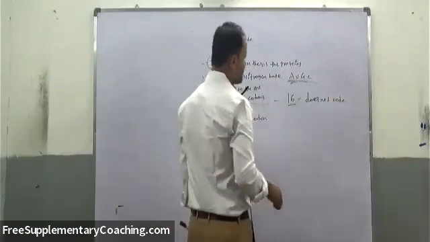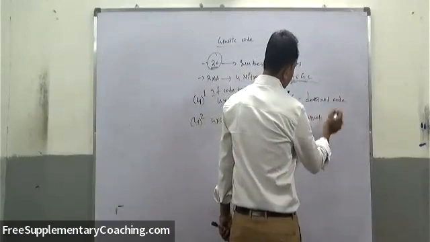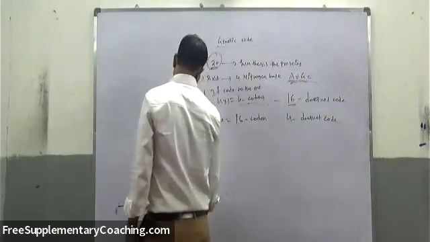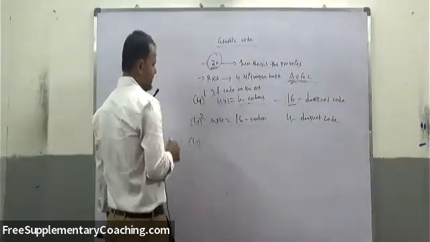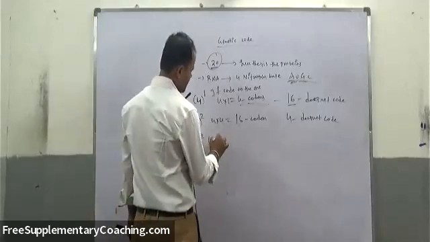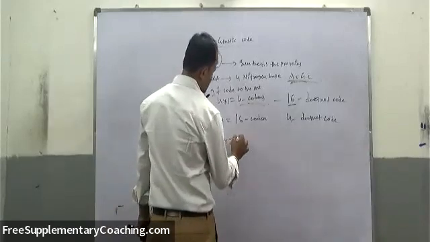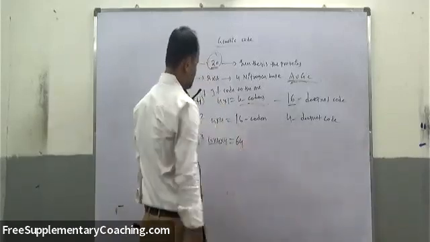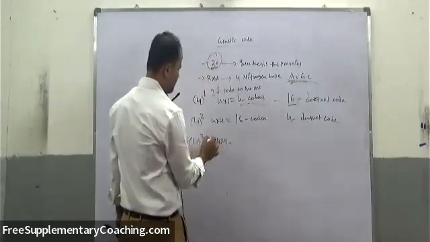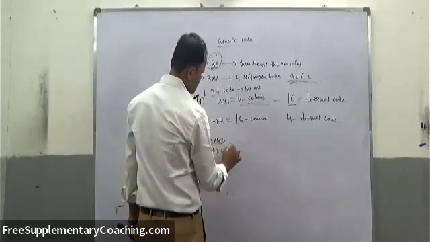Remaining how many amino acids are not coded? 4 amino acids are not coded. For example, if an amino acid is coded by 3 letters, that means 4 into 4 into 4. 4 into 4 is 16, and 16 into 4 is 64.